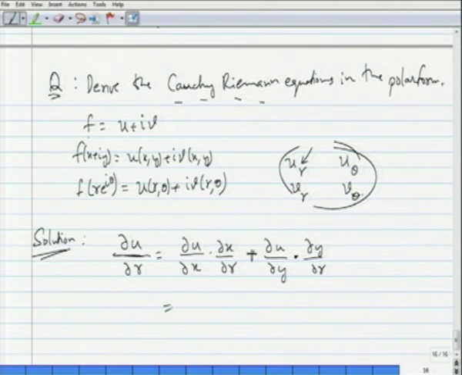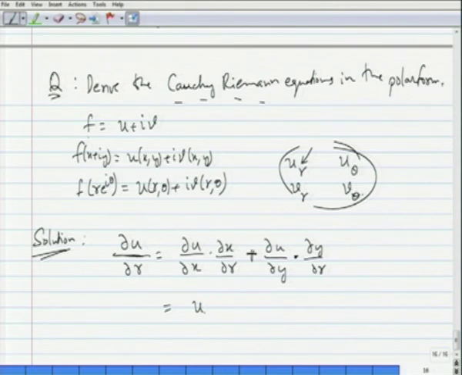So, this is a simple exercise in chain rule for partial derivatives. Okay. So, this is u x and then x, recall, is r cosine theta and y is r sin theta. Okay. So, the derivative of x with respect to r is simply cosine theta, and then this is u y times the derivative of y with respect to r, which is sin theta. Okay. So, I will write this as u r for short.